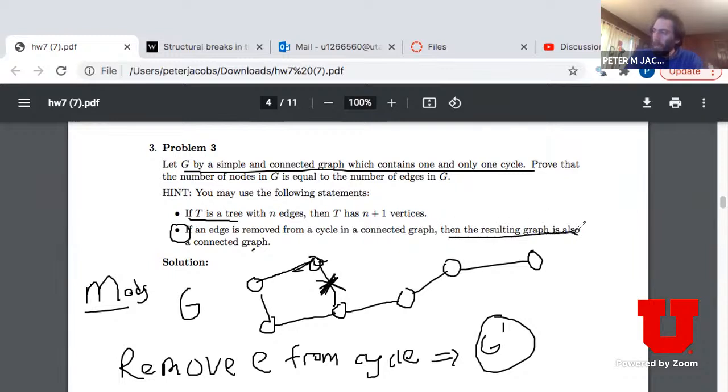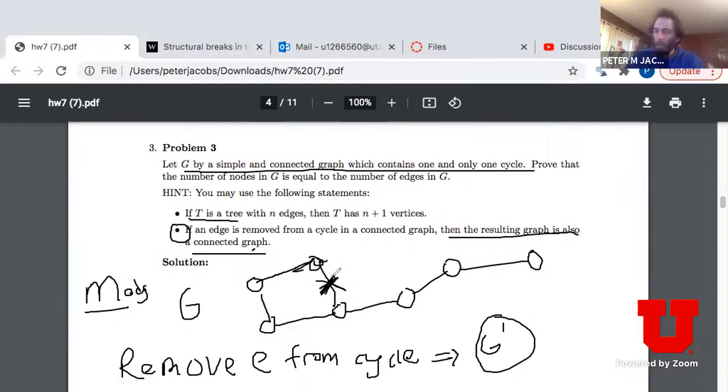What we get out of this is a G prime which is also connected. Just to repeat, our assumption about G is that it's simple and connected and contains one and only one cycle, and we just removed an edge from that cycle. Since G was connected, the resulting graph G prime is still connected. And from this picture, we can see why that makes sense.